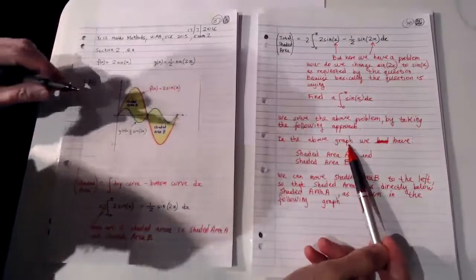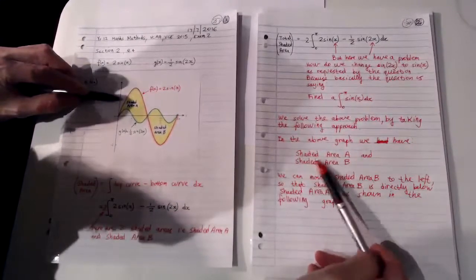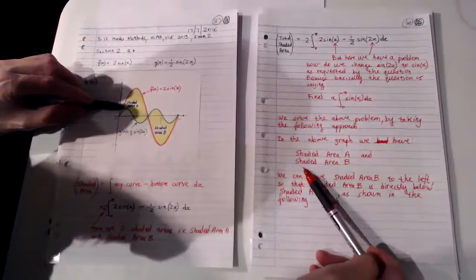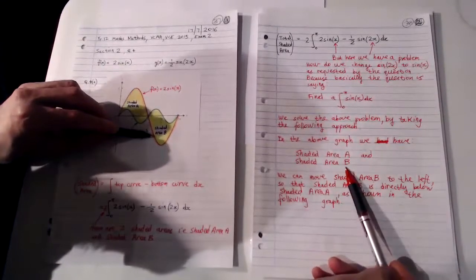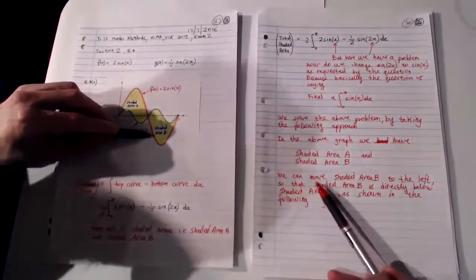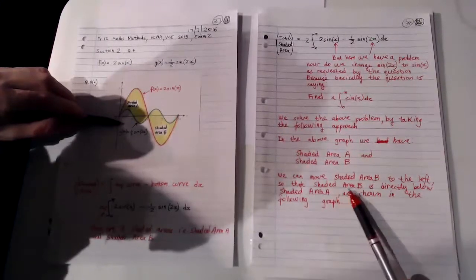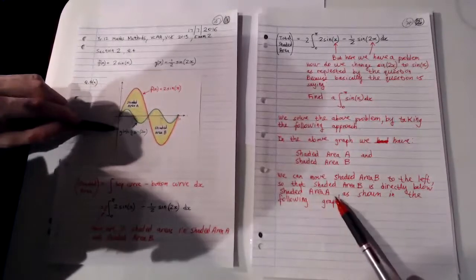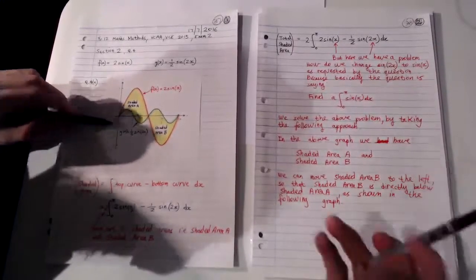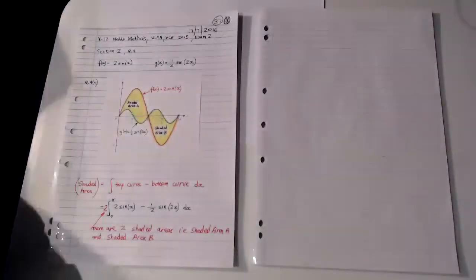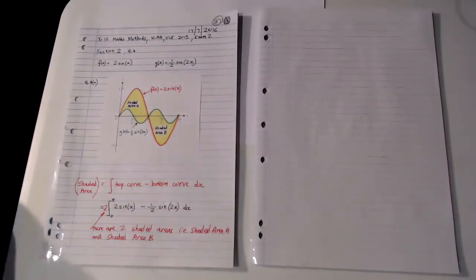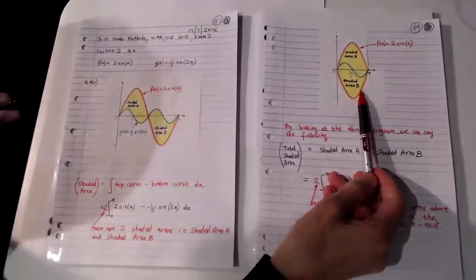In the above graph, we have shaded area A and shaded area B. What we can do is move shaded area B to the left so that shaded area B is directly below shaded area A, as shown in the following graph. And by doing that, we get a graph like this.